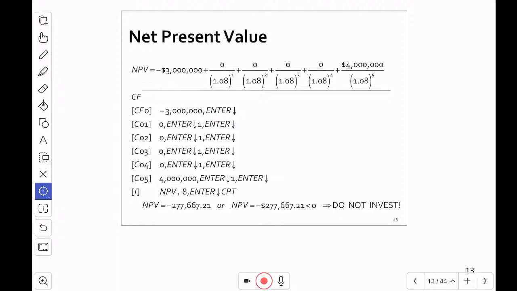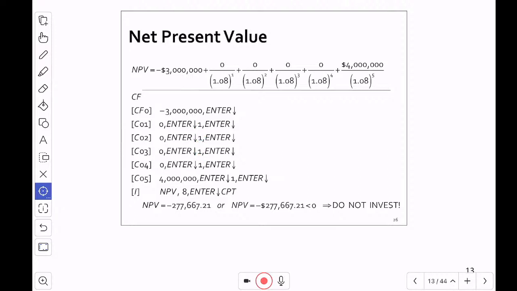So you go to the next cell, like Excel would make you go to the next cell, right? As you would in an Excel spreadsheet. And then the zeros, and then the 4 million in the 5th year. There's this step here, and I'm going to show this.